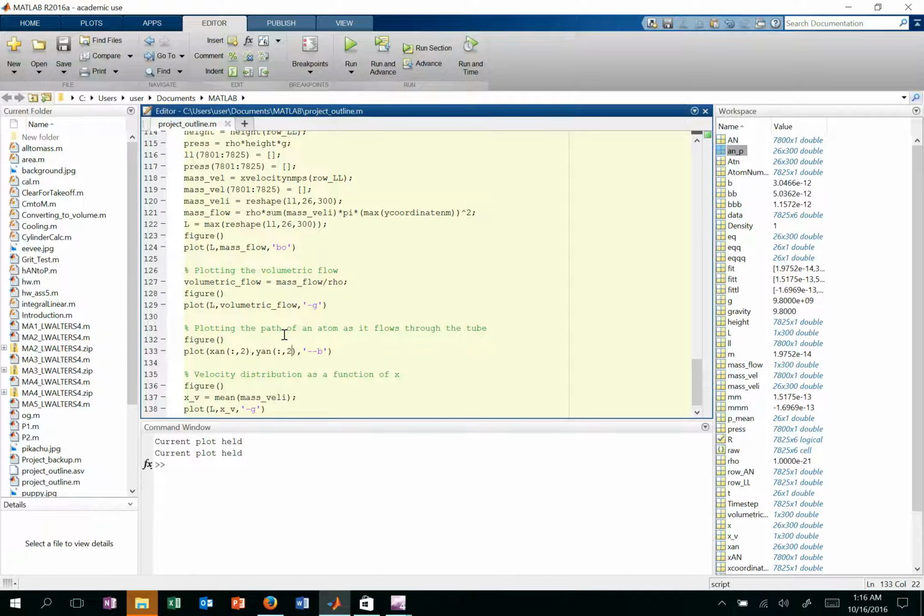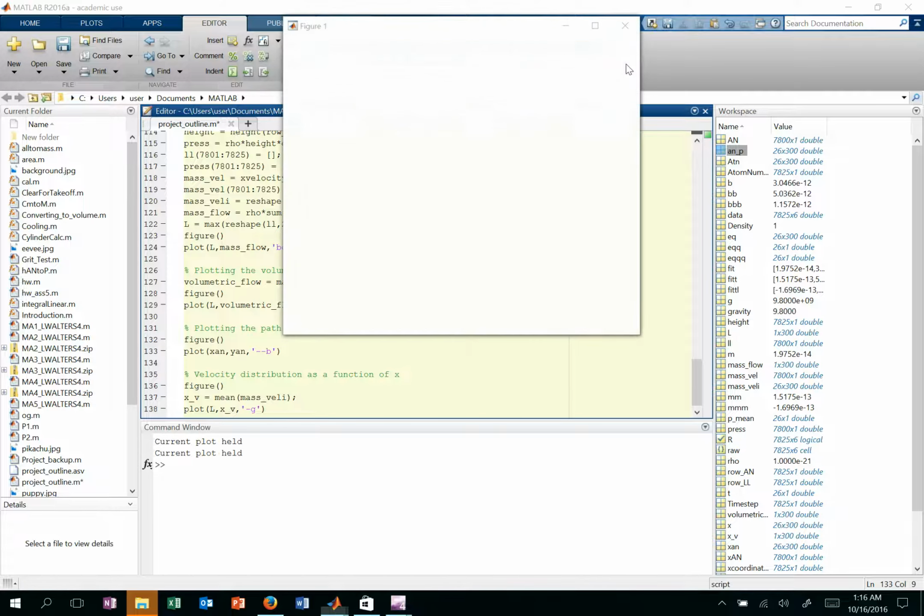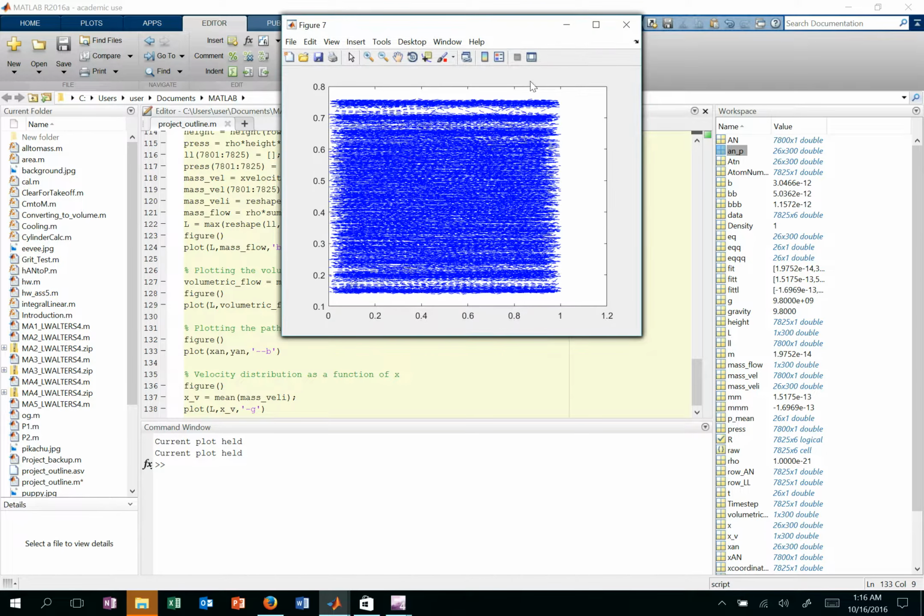Okay, and if we just wanted to find the paths of all of the atoms, then we'll just get rid of that. And this will actually show us 300 lines.